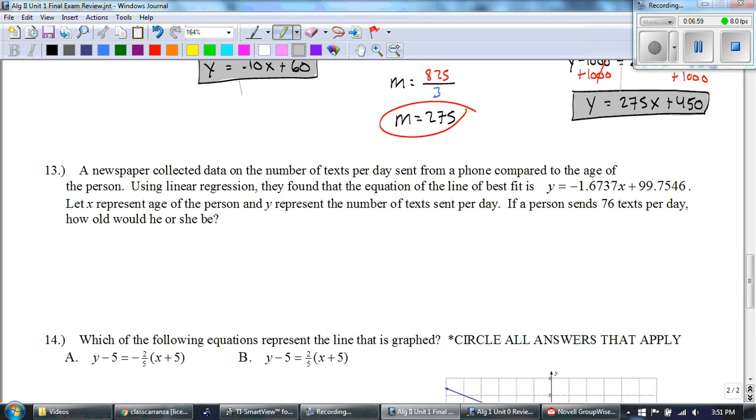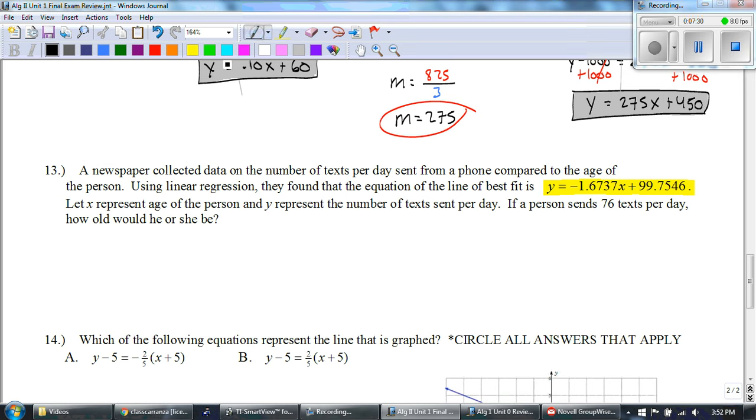Okay, so number 13, one of our favorite types of questions. A newspaper collected data on the number of texts per day sent from a phone compared to the age of the person. Using linear regression, they found that the equation of the line of best fit, so they did this, we don't have to, is y equals negative 1.6737x plus 99.7546.